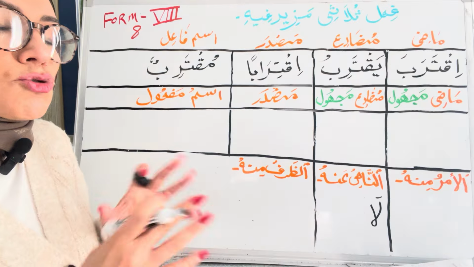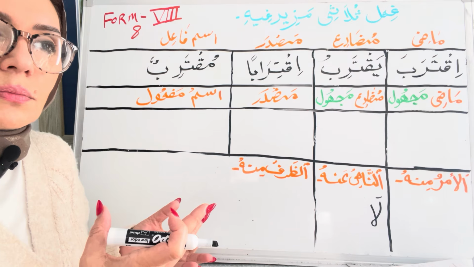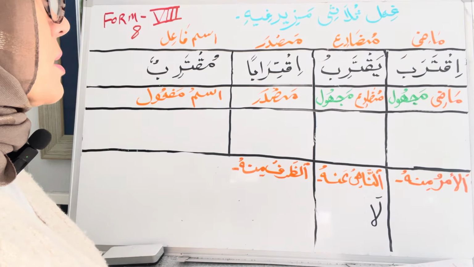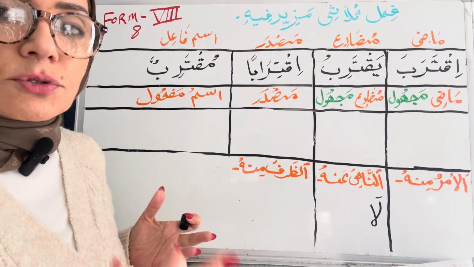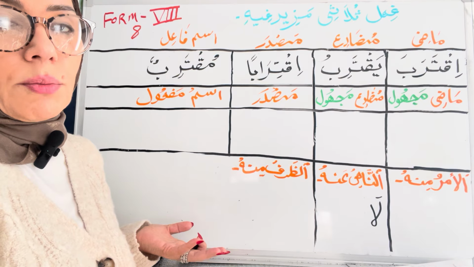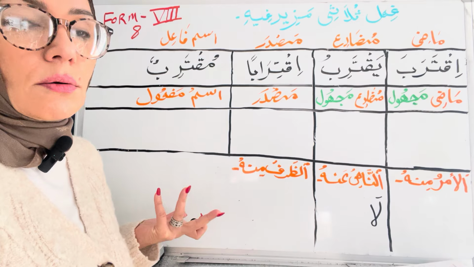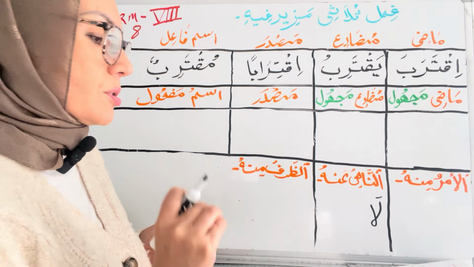If they're striving, they're doing it together. So those are the reasons why we have form 8, right? All right, inshallah. But that's just a little brief thing so you know about the form, the difference between form 8 and basically form 1, right? So they all have a little bit of changes on them.